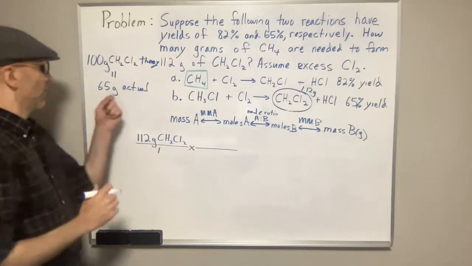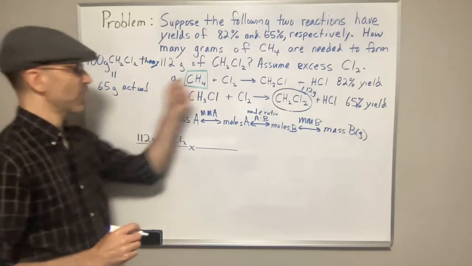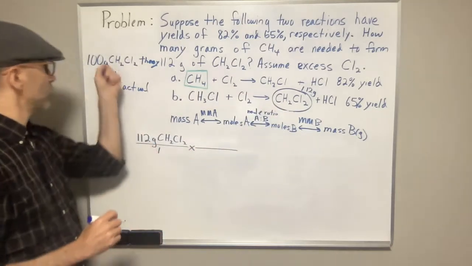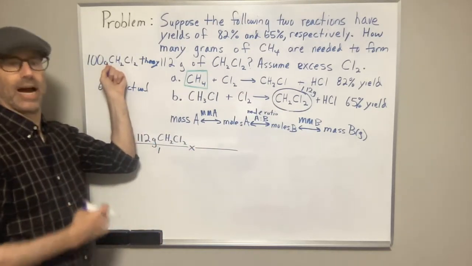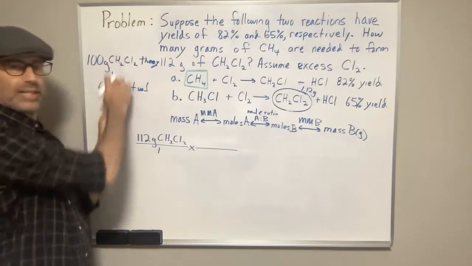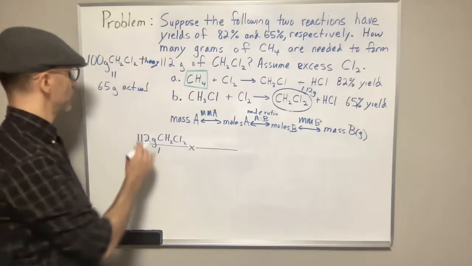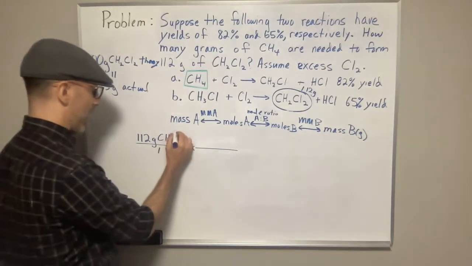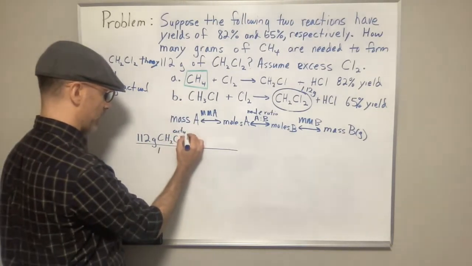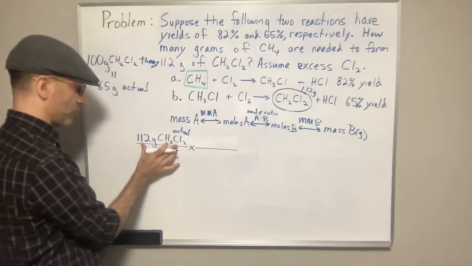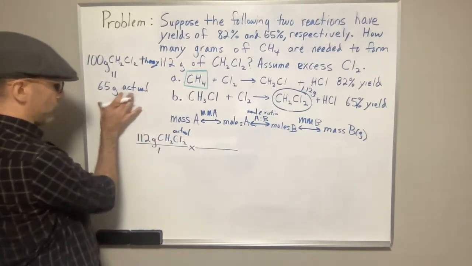What I actually got was 112 grams, but what I should have theoretically gotten was more. So I'm going to use this relationship to go from 65 back to 100%. This is my actual, actual grams.